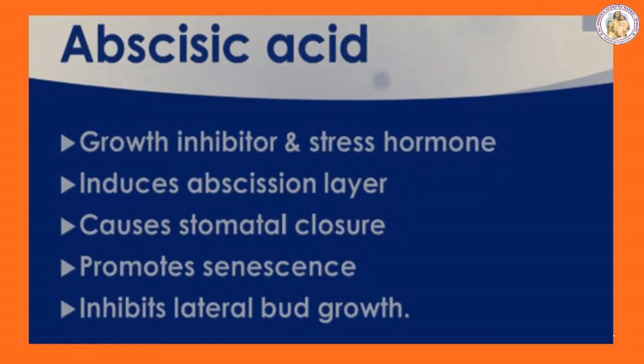So we have already seen auxin, cytokinins, and gibberellins. The fourth hormone is abscisic acid, ABA. We will have a short note on ABA. It is a growth inhibitor which regulates abscission and dormancy. It increases the tolerance of plants to various kinds of stress.